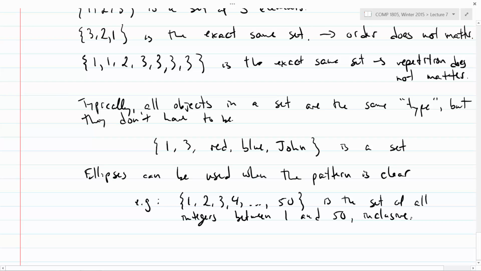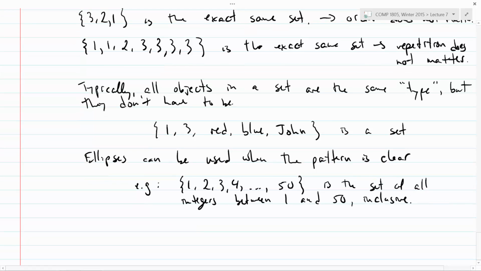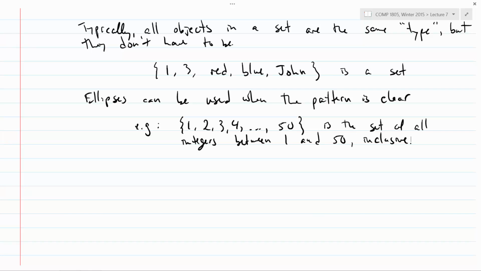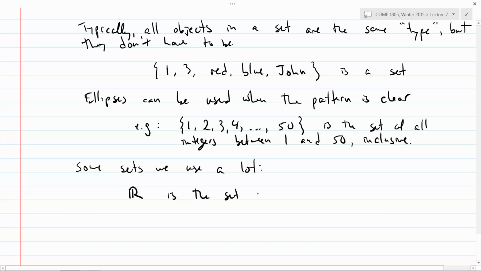All right? So there are some sets that we use a lot. They come up a lot in math, so we have some short notation for them. So some sets we use a lot are the following. The set R is the set of real numbers. We also have the set N of natural numbers.